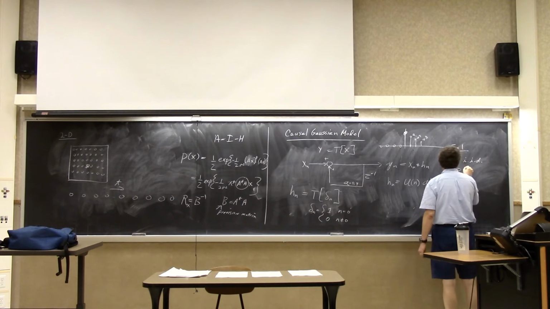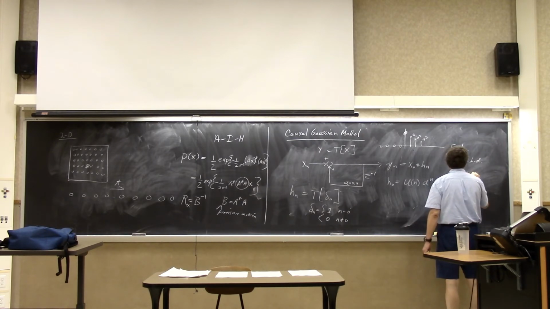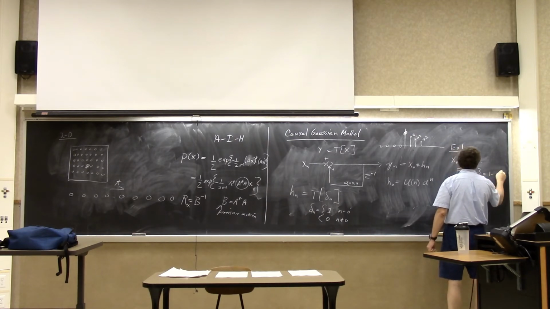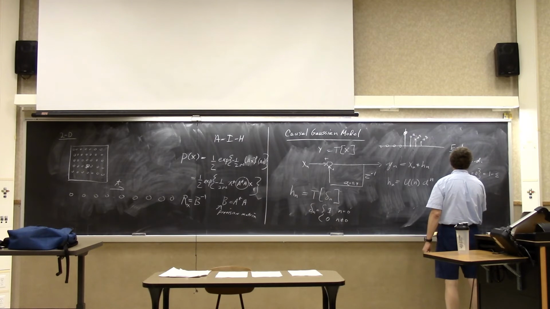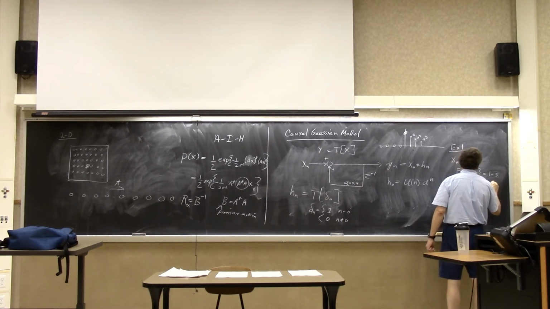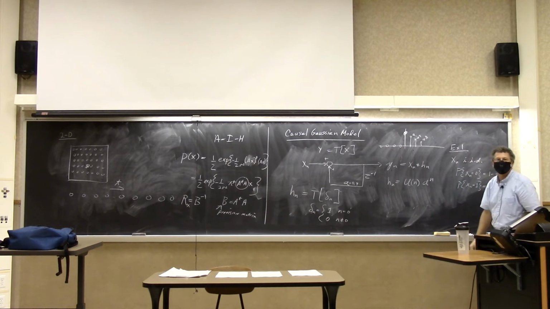And the probability that x[n] equals 0 is equal to 1 minus epsilon. The probability that x[n] equals 1 is equal to epsilon. Epsilon is a small number, okay? Intuitively, what does this mean? Explain to me in words what this random process, x[n], what its behavior is.